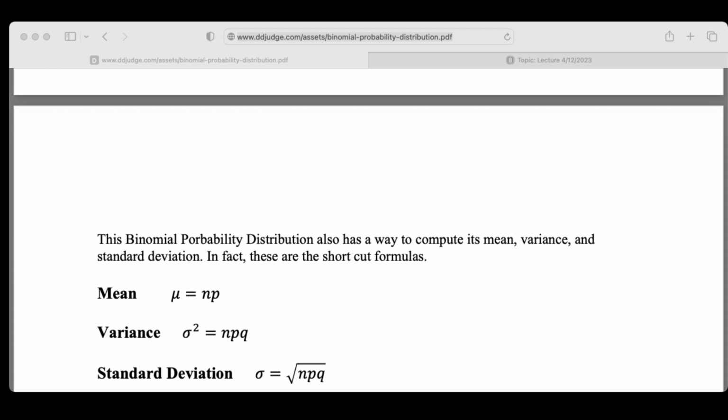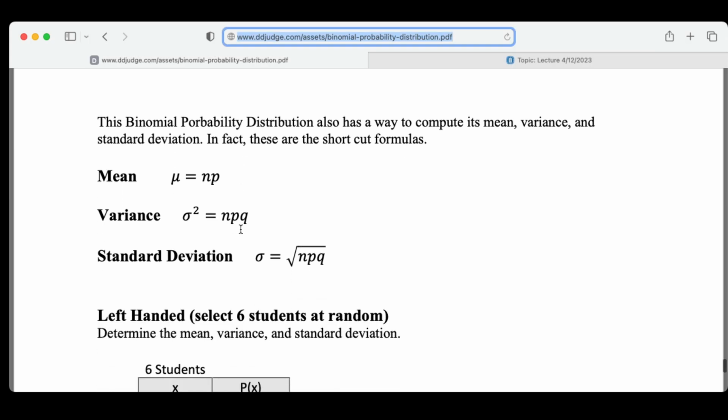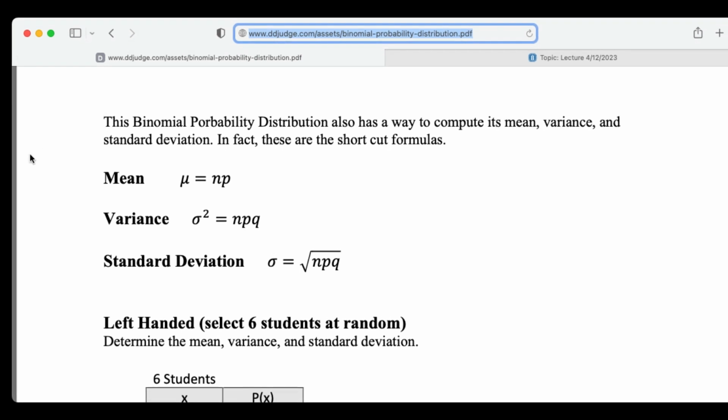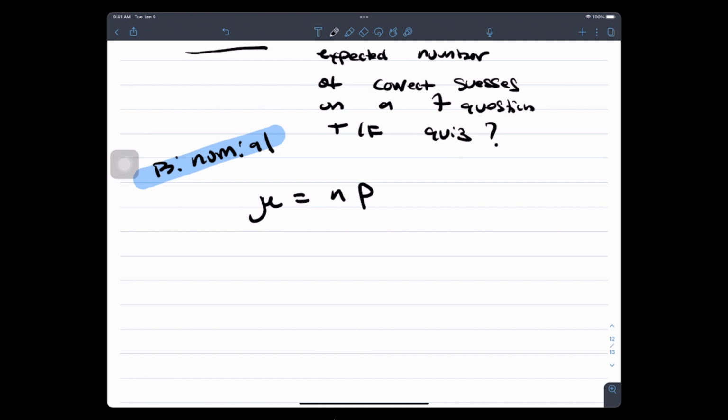how do we find the mean, ladies and gentlemen? How do you get the mean here? What does it say for a binomial? What's the shortcut? Yes, thank you for reading that. It's n times p. Outstanding, ladies and gentlemen. It's n times p. So you do not have to use the definition.